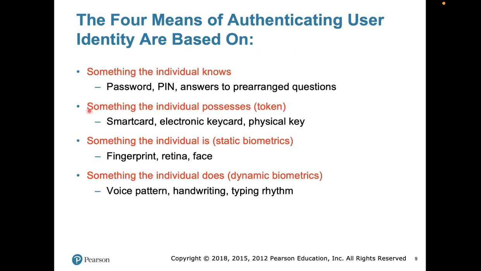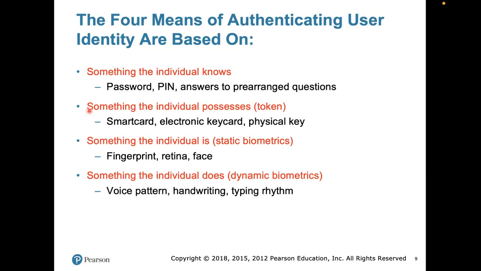Or a token might be something that the individual possesses. For example, a smart card. I'm talking about physical things or physical objects that the individual has access to. The smart card is a token.